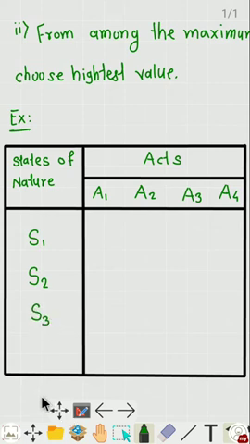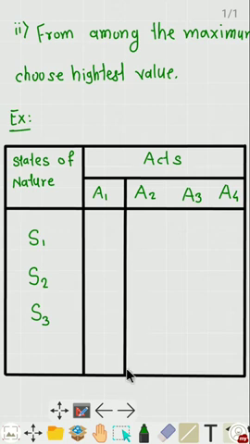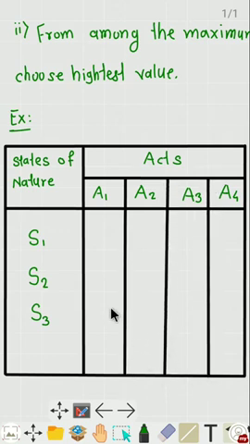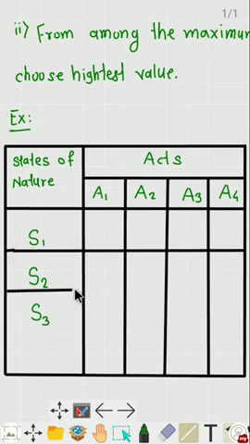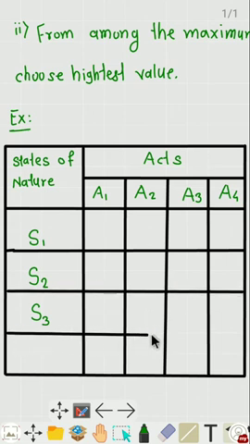Now let us draw the rows and columns. These are the actions and these are the states of nature.